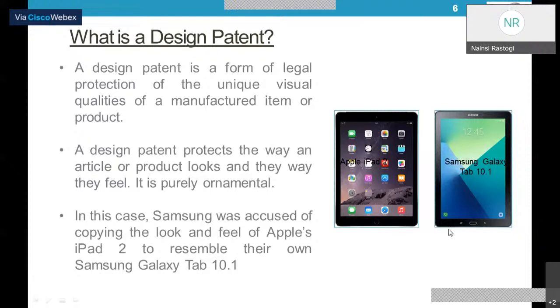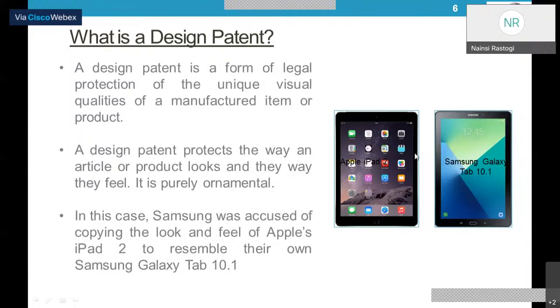They are quite similar, having rounded corners and one button at the bottom. The interface is also quite similar when we go into detail. That is why Apple accused Samsung of design patent infringement, because the basic design, the basic look and feel of the devices were the same.